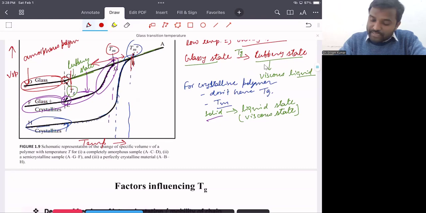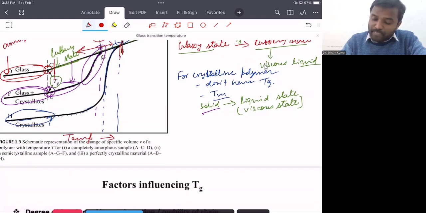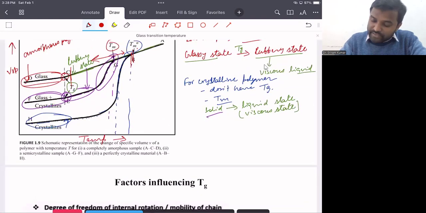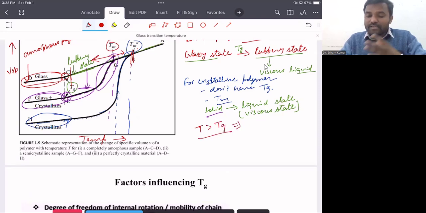So if we have some cases here, for example, if you take the example here, if T is greater than Tg, what happens?